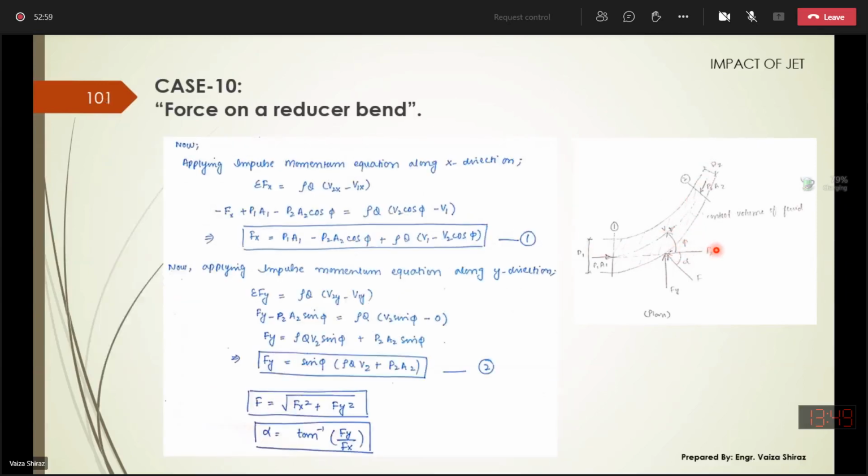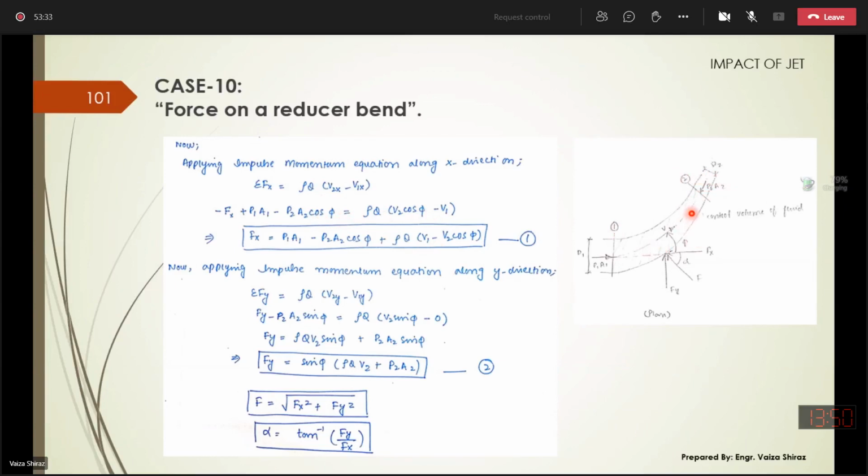So to find out fx you will apply the equation along the x-axis. So it is minus fx, p1 a1 is totally horizontal. अब p2 a2 आप देखिए inclined है. This force is making angle phi with the horizontal axis. ठीक है, horizontal के साथ जो angle है वो phi है, तो इसका जो horizontal component है that will come with cos of phi. It is minus p2 a2 cos of phi. Minus है क्योंकि इसकी direction downward है और इसका component act करेगा negative x direction में. ठीक.